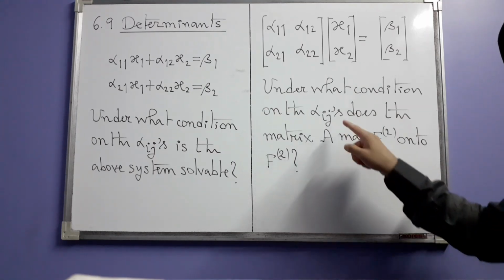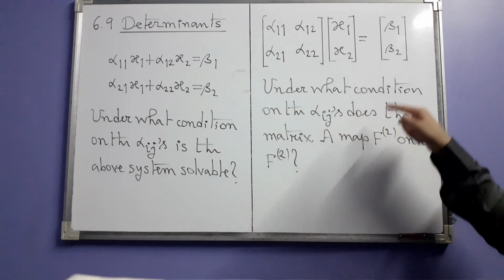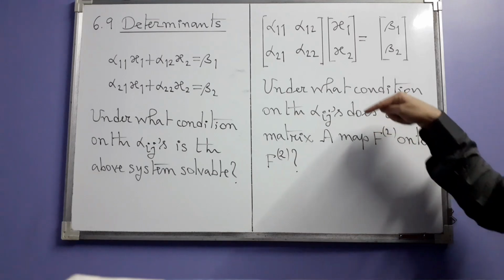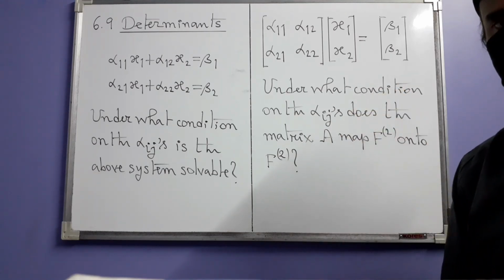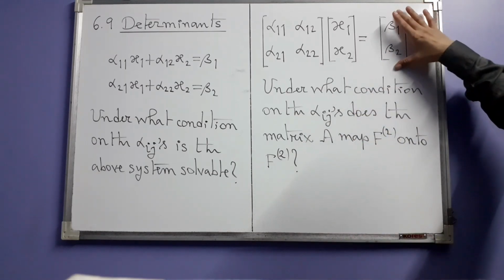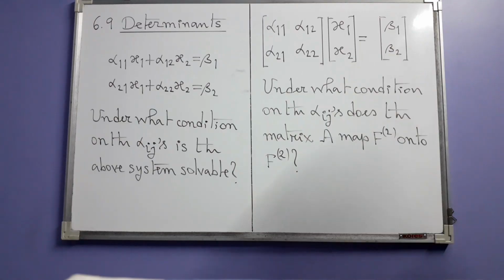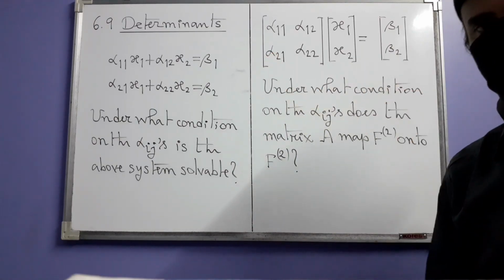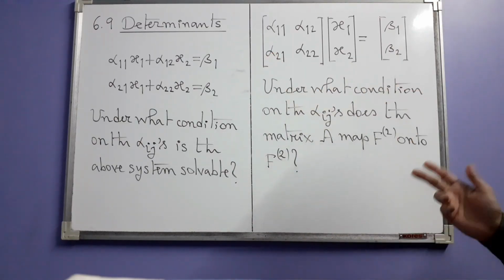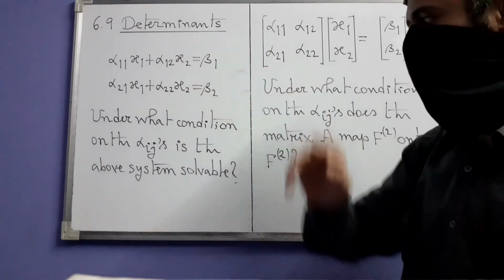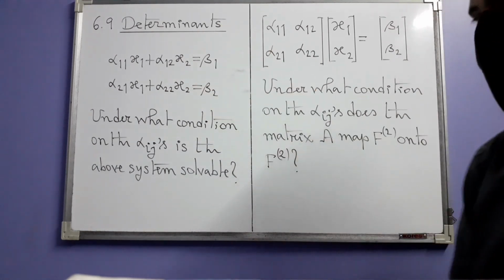Under what conditions on the alpha ij's will this map F2 onto F2, so that for anything here you get something here, so that this equation is true, or in other words, so that this system has a solution.